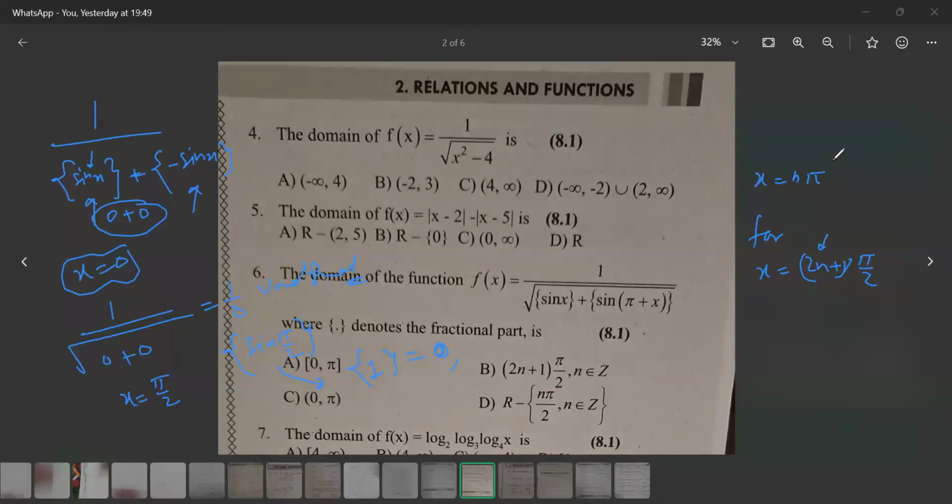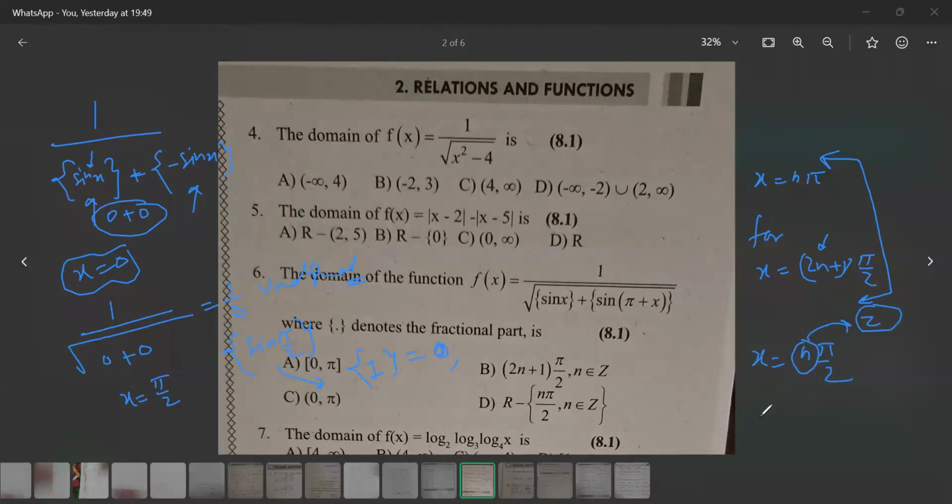So now, what is the overall answer for this x and for this x? If I write x equals to n pi by 2, here n is any natural or whole number, or for the positive side and negative side, so we can take integer here, because both sides we have to cover.